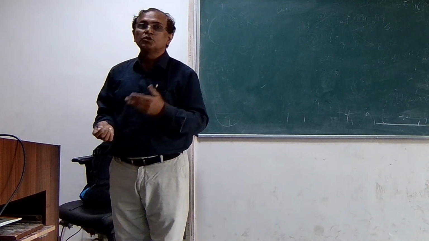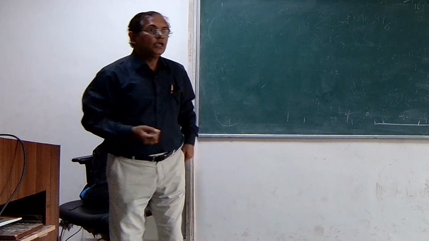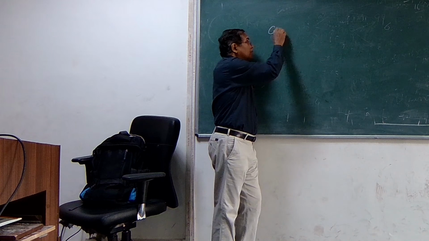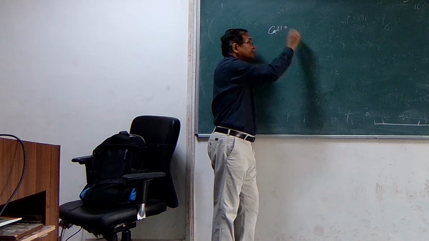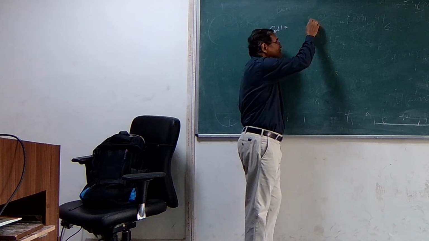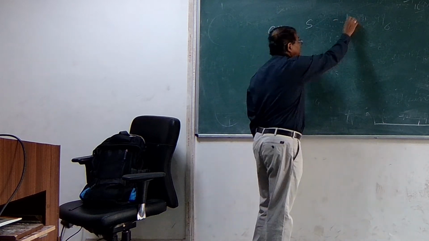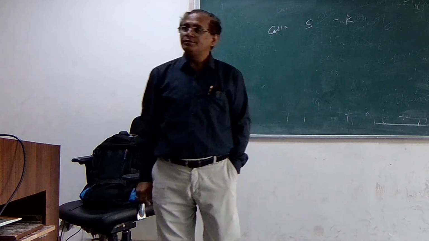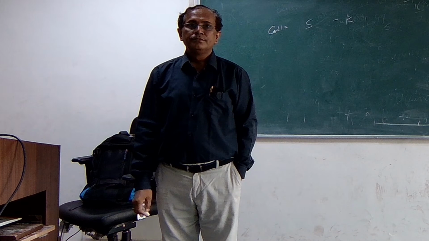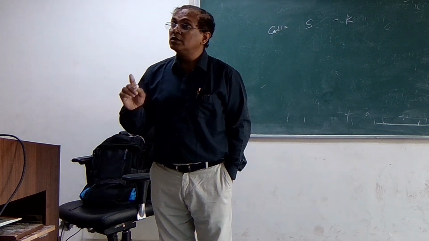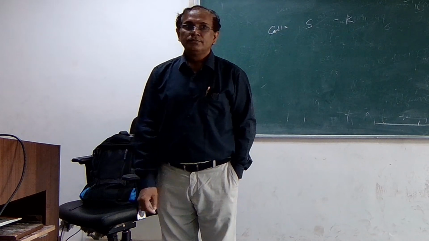It is the sellers who want to have that information, and for, say, call premium, whatever difference between S minus K is there, that should be covered through premium. Difference between S and K should be covered through premium.